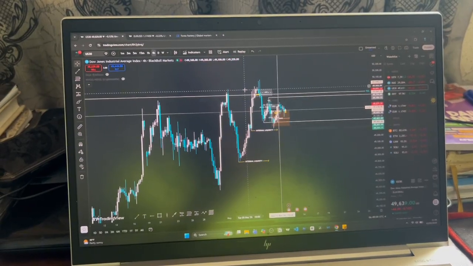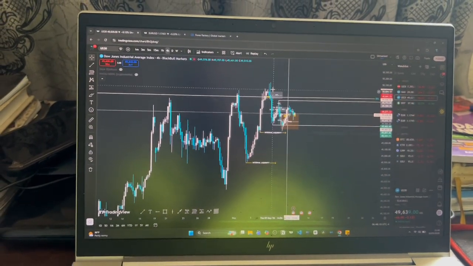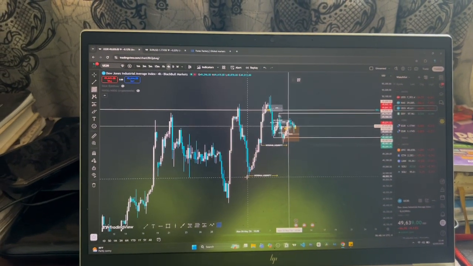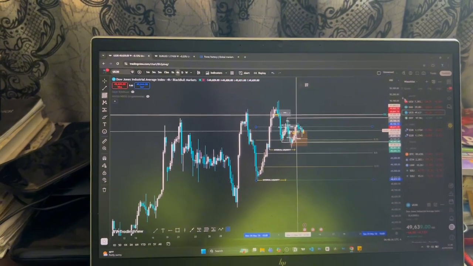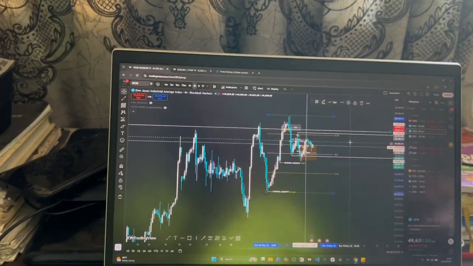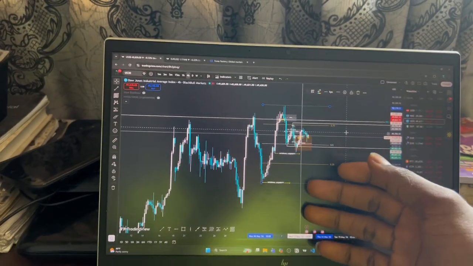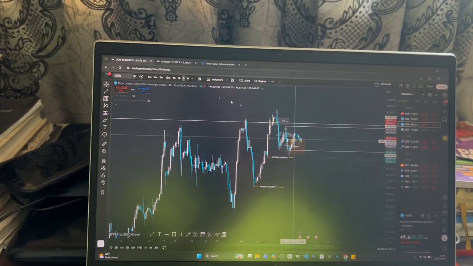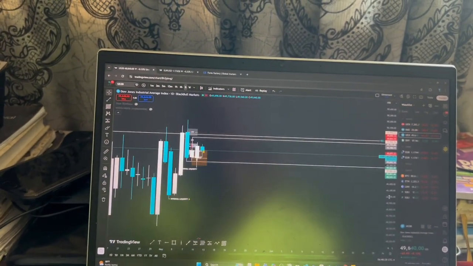Okay, this is not really breaker structure like sweep, but it is what it is. So what we can expect is internal liquidity, or wait for price to come to a discount. Look at this range. That's why I really want to sell. So if we wait for price to come to a discount, then we'll look for buyers. But if not, I'll just try to stick to only daily buyers.